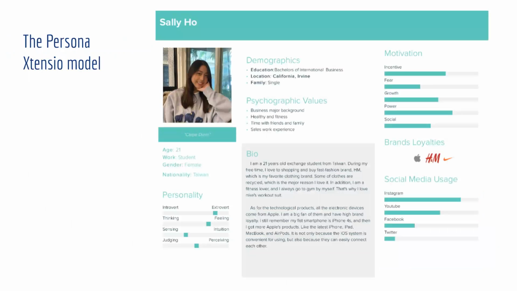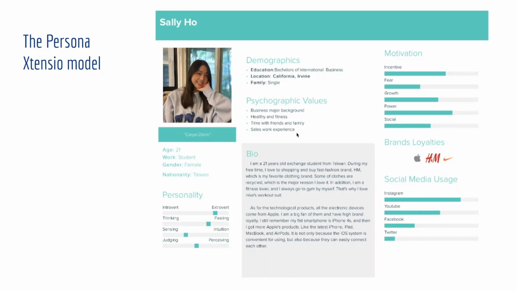Now, I just want to go over this one more time. This was the persona using what we call Xtensio. It's more of a sophisticated model, and it's really a good thing. I like it because it allows us to express who the customer is, or who the ideal target market is.